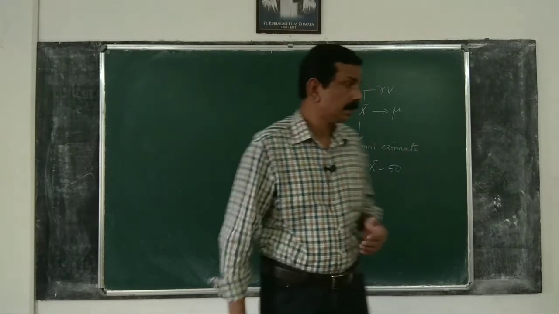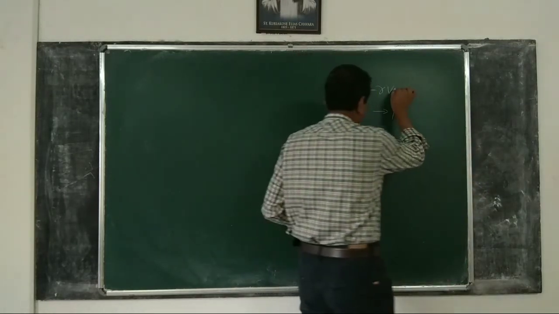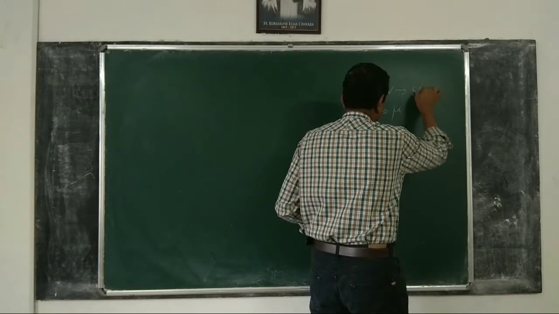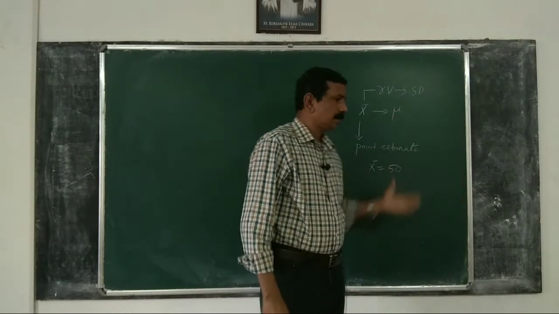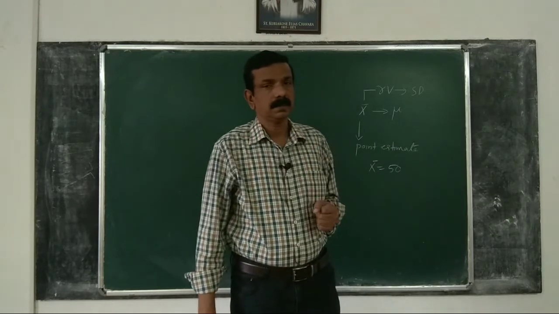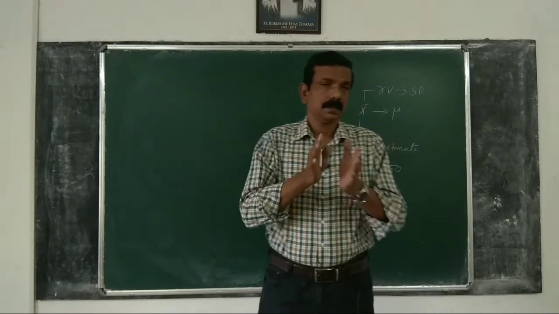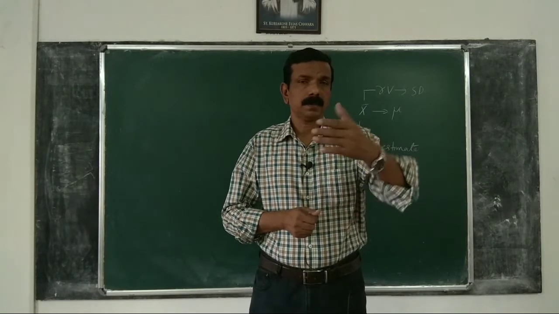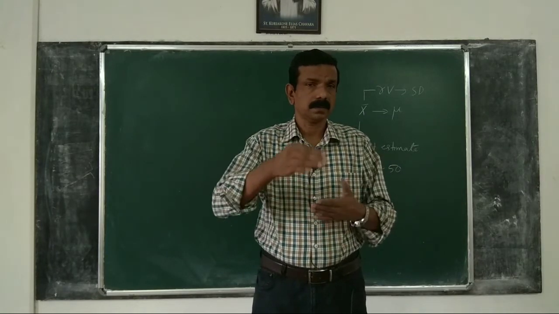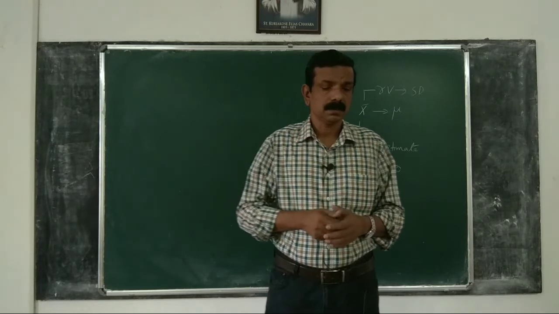And this probability distribution is defined as the sampling distribution. Every estimator is a random variable with its probability distribution, and the probability distribution is known as the sampling distribution.